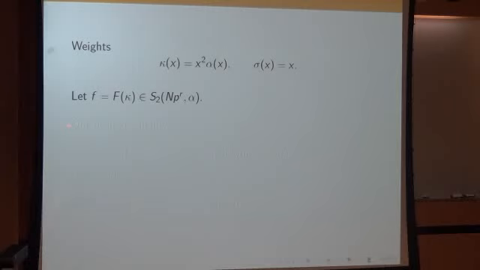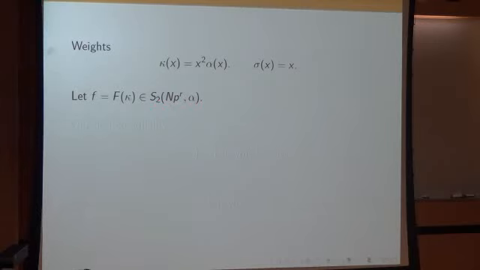And so when I plug in one of these kinds of weights rather than just an integer, right, kappa of x equals x squared would just be the integer 2. So that would give me a weight 2 modular form, as I said when I defined Hida families. But more precisely, when you specialize to kappa equals x squared times alpha of x, you get a weight 2 modular form of conductor Np^r and Nebentype character alpha. Okay, so that's how alpha shows up.